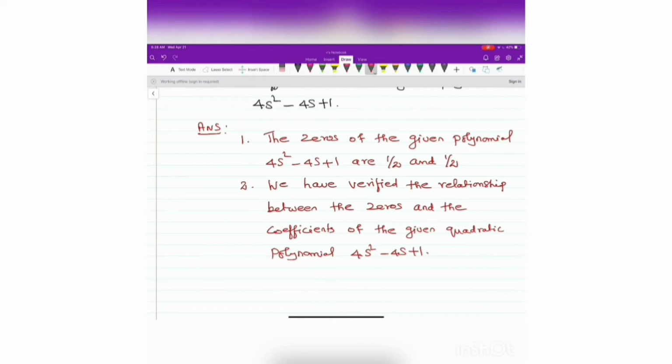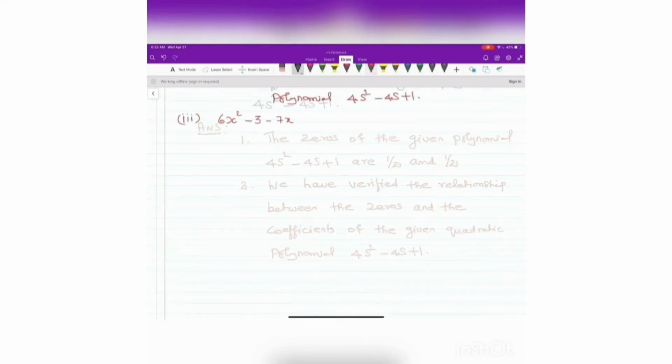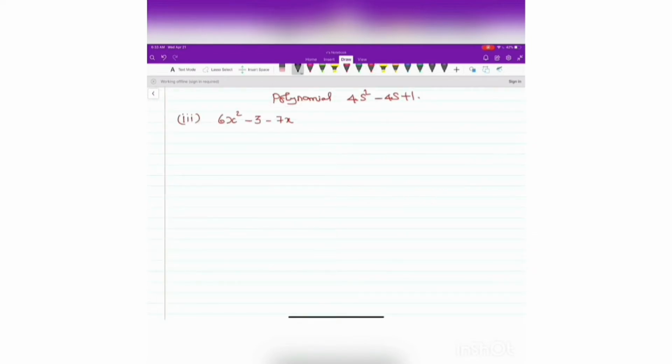Now let us move on to subdivision 3. Third subdivision, 6x square minus 3 minus 7x. Let's do it now. Solution. Here the polynomial is given in x, so I can write let f of x is equal to 6x square minus 3 minus 7x.